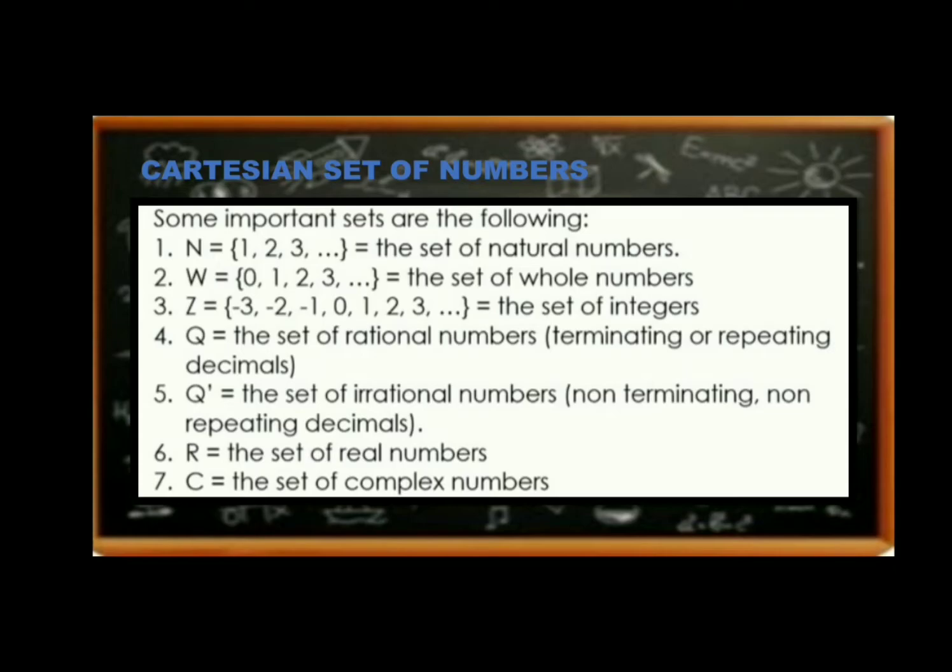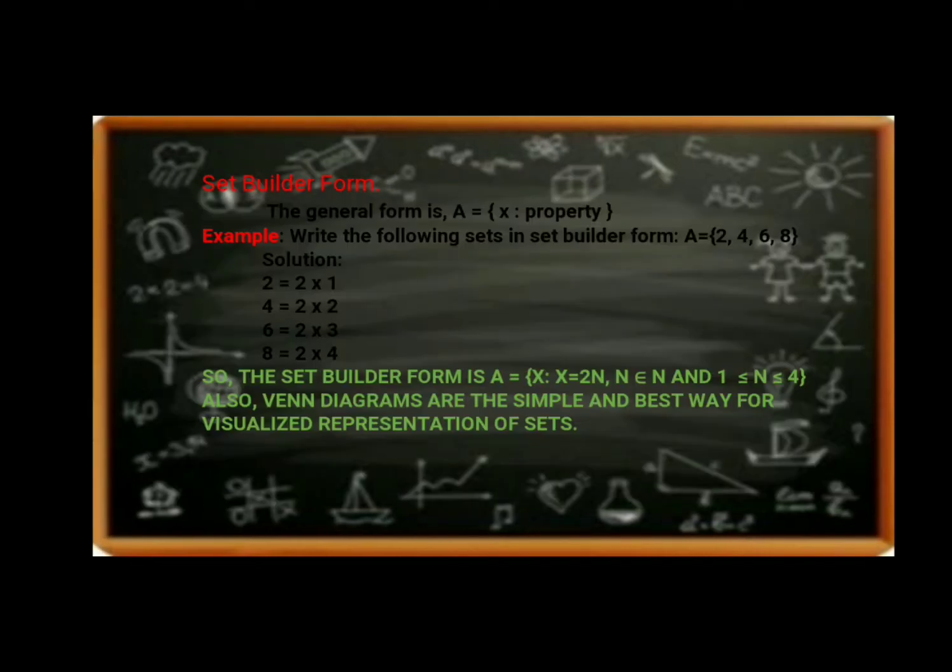Q is the set of rational numbers, terminating or repeating decimals. Q prime is the set of irrational numbers, non-terminating or non-repeating decimals, or the set of real numbers, and C is the set of complex numbers.